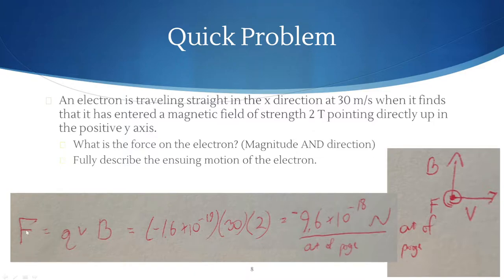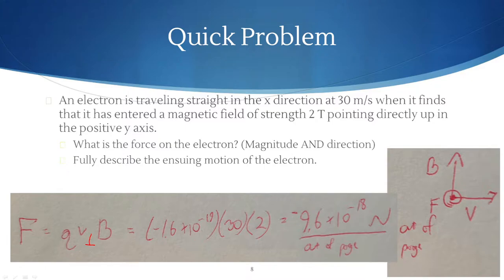So, using our new formula, force equals Q times V, specifically V perpendicular to B. In this particular case, the velocity is pointing in the x-axis and the magnetic field is pointing in the y-axis. So these two things are perpendicular. There's nothing strange here. We can just multiply the two numbers we were given. We do need the charge of an electron.